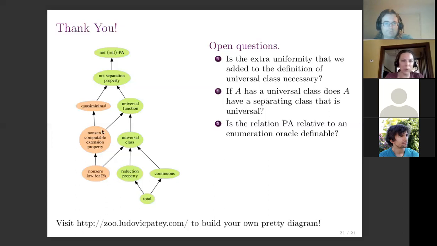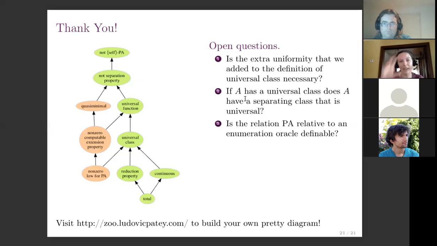The second one is more technical. When we're thinking of moving from a universal class to a universal separating class, there are various moving parts here. We can just restrict to computing paths and only separation classes. We can also restrict to looking only at the universal classes, ensuring that they are separation classes.